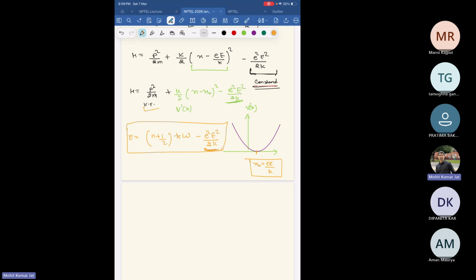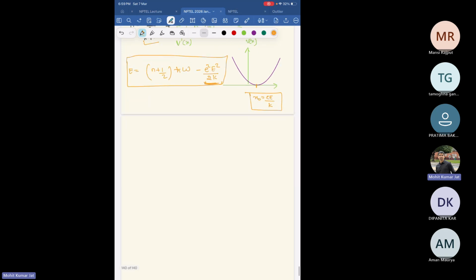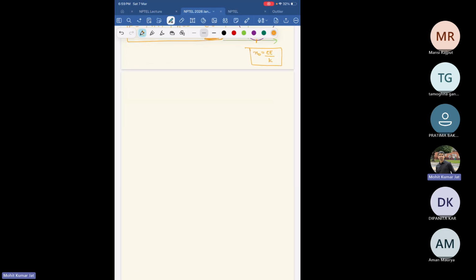I will take on the next question, which is determining the value of the commutator.